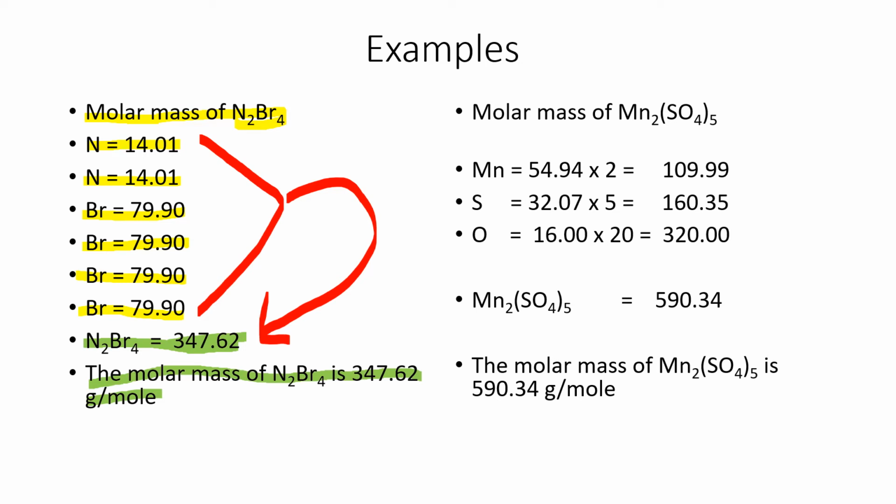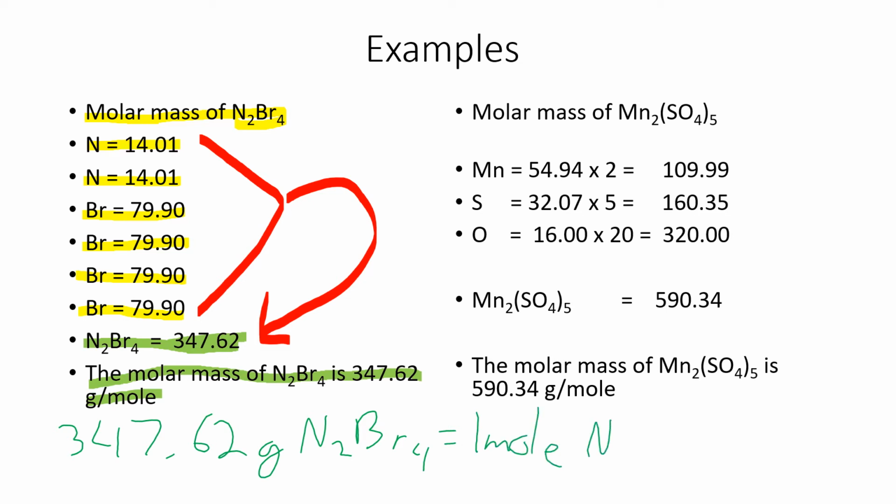So if you had to use that as an equality, what that really means is 347.62 grams of N2Br4 is 1 mole of N2Br4. And then you would use that equality just like you did for the molar masses for single elements.